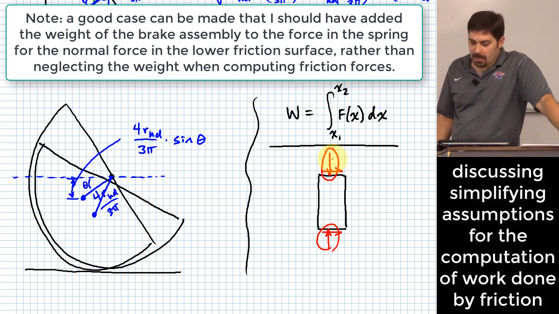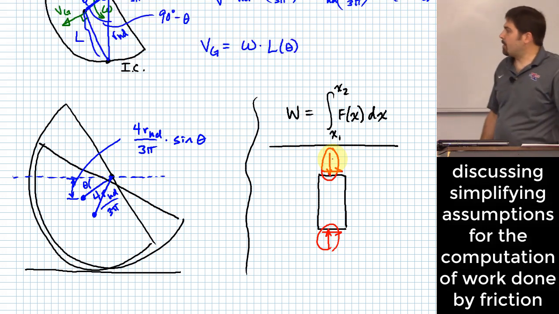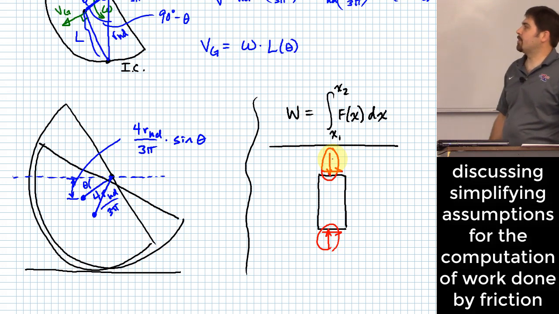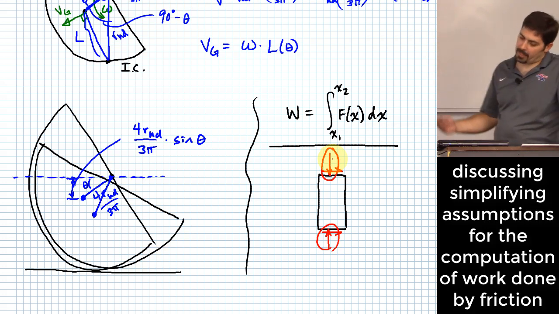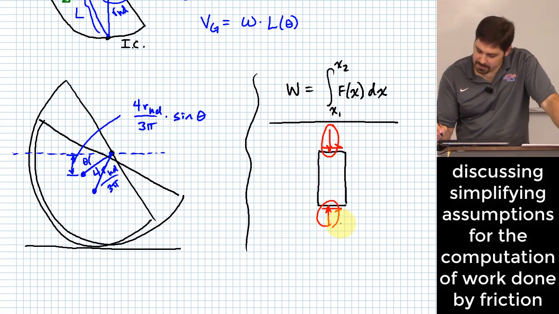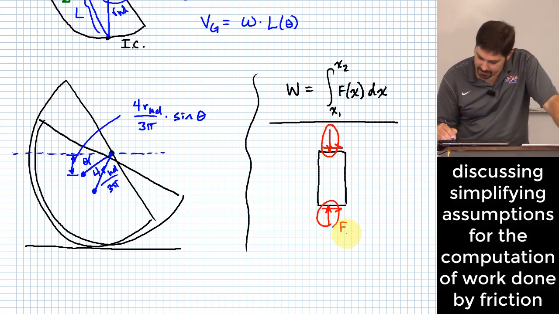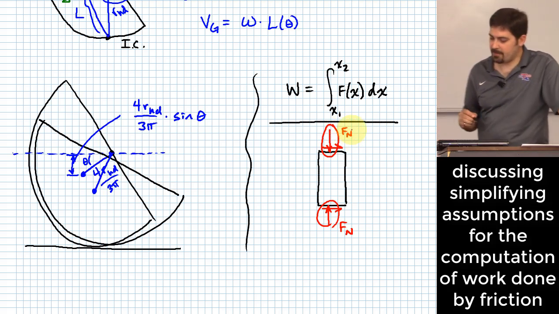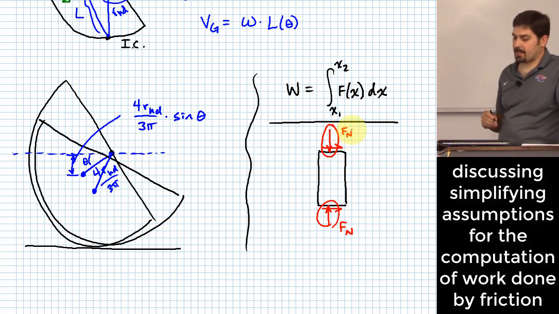All right? In which case, I need to come up with how much force I'm going to have as a function of x. Well, how do I know how much force I have for these? Let's say this is Fn. That's the force I'm talking about, Fn. How do I know what my force Fn is as a function of x?